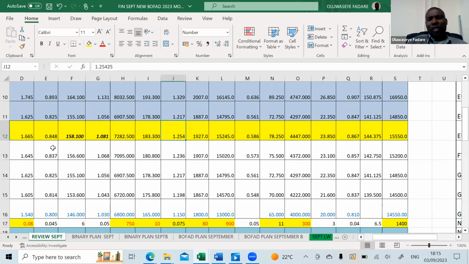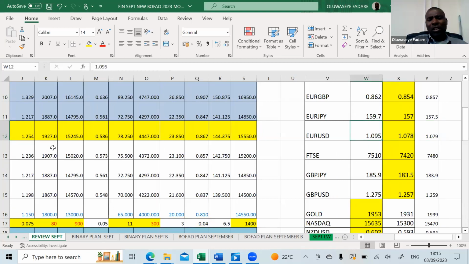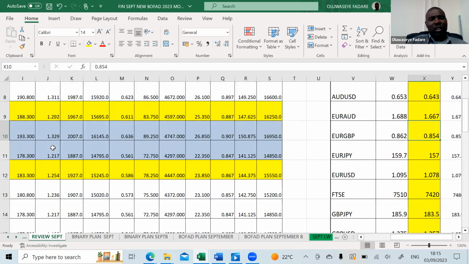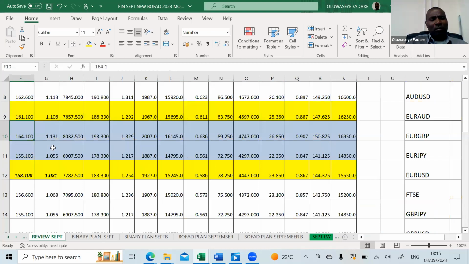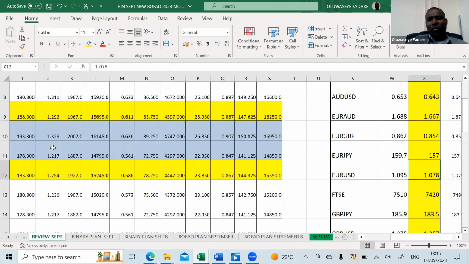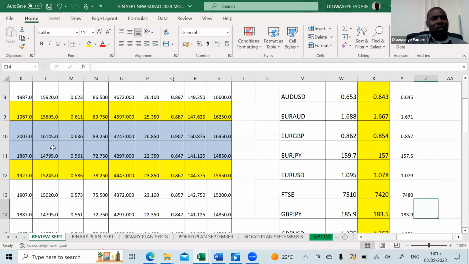Okay. So the next product, 7510, 7420. 7510, 7420 is not there. 185.9, 183.5. So 183, you can see 183.3, just a little to reach there. The next one is 1.25, 1.75.